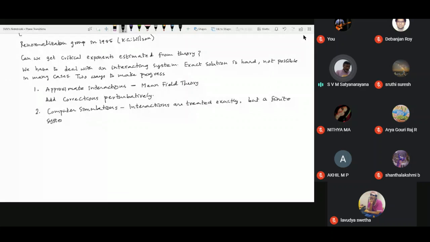A finite system is simulated because computer memory is limited, time is limited, so you can only do a finite system.